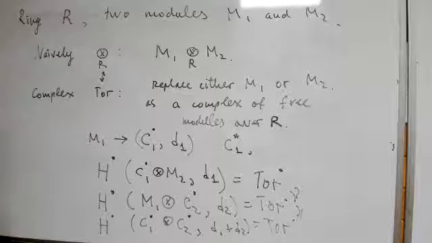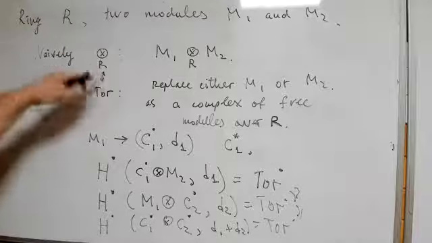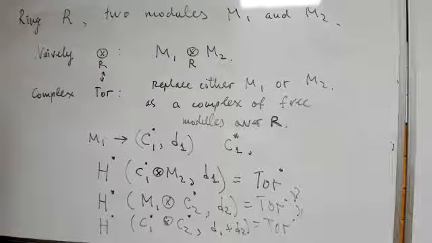Because I think it came from rings like Z_n in number theory. Okay, so it's known as torsion. Actually, it's the derived tensor product.